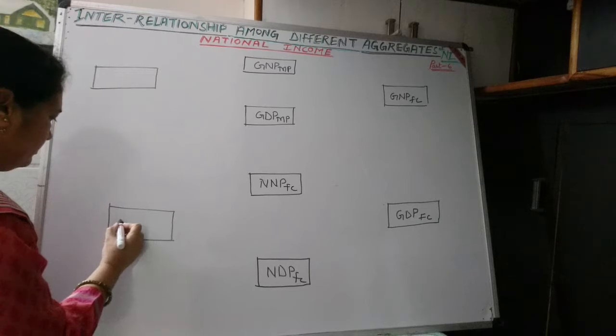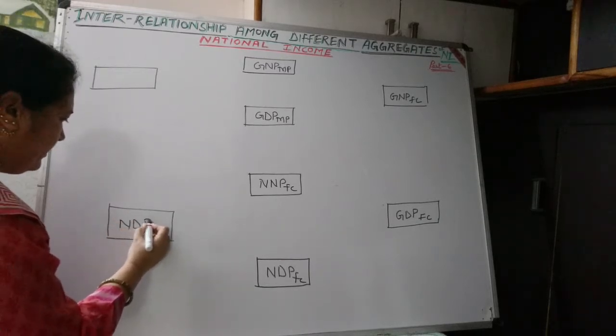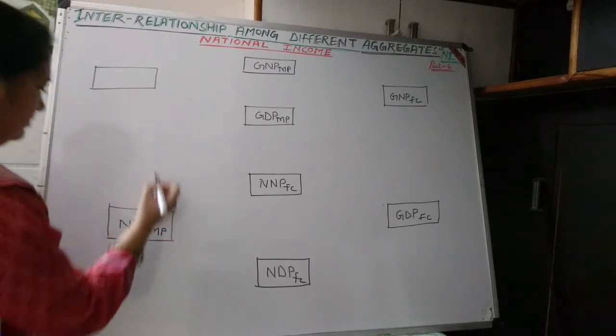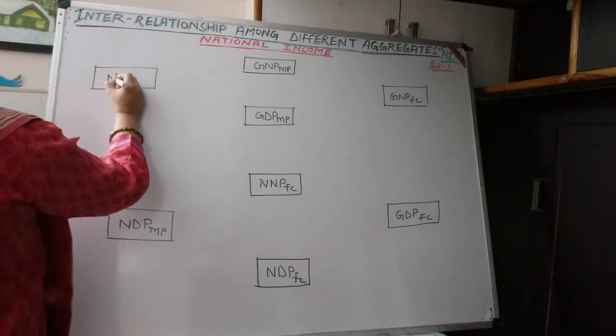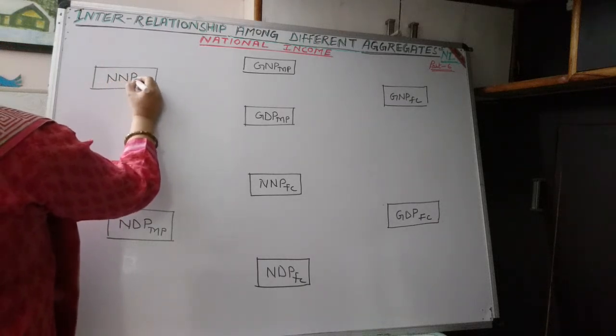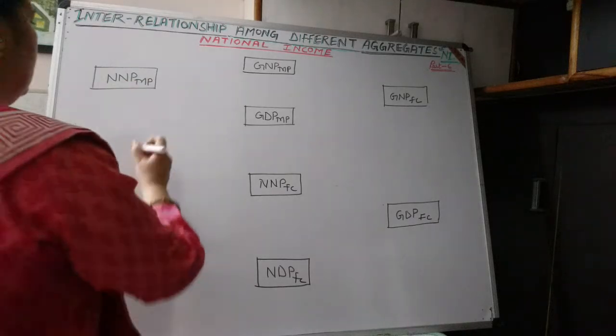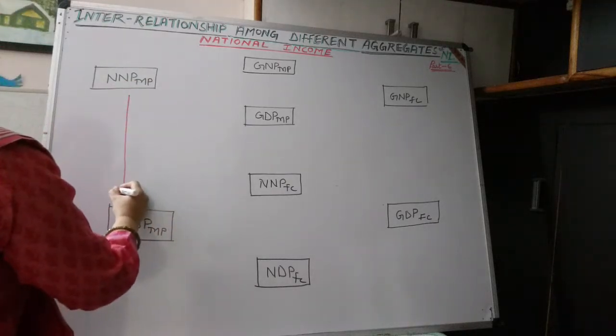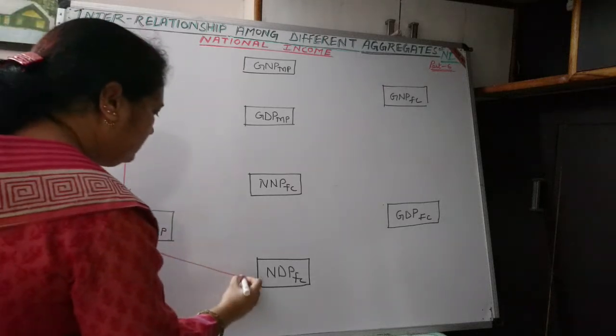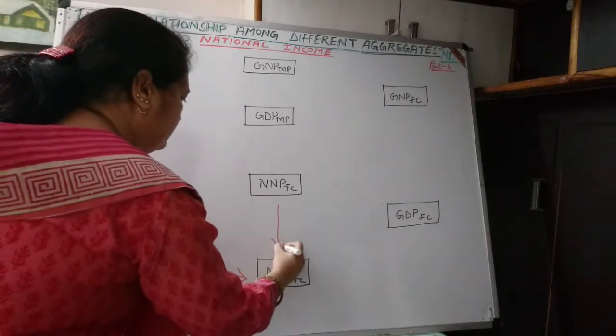Here NDP at MP and this NNP at MP. And let us prepare how these components are related to each other.